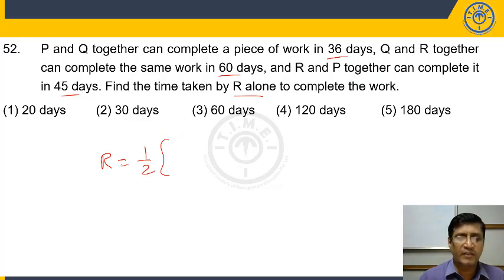Means 1 day work of R is equal to 1 by 60, that is Q plus R, its 1 day work, and next R plus P is 1 day work.